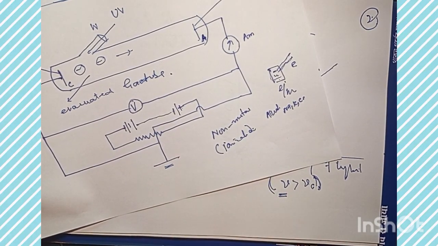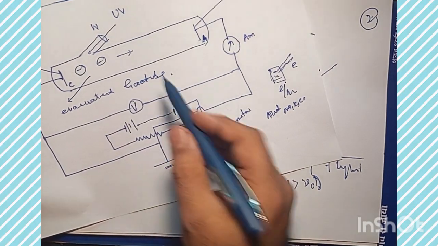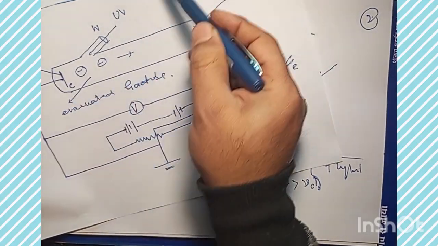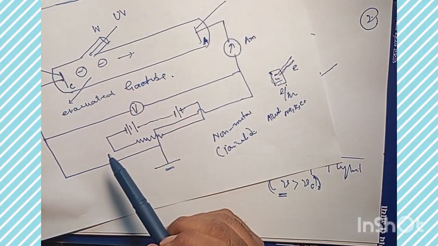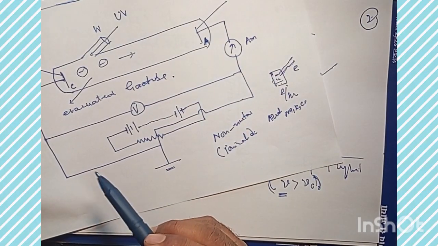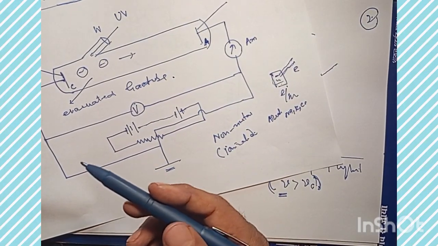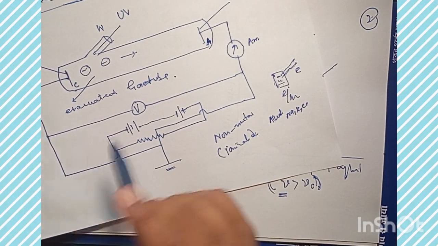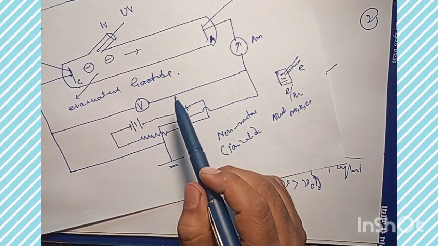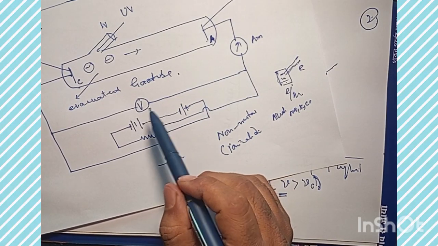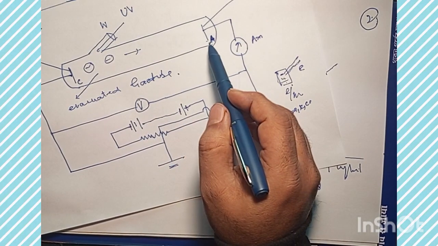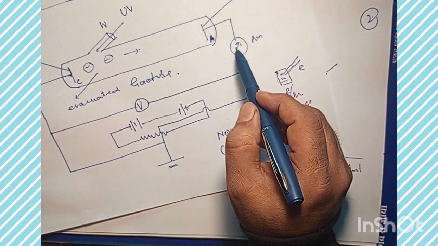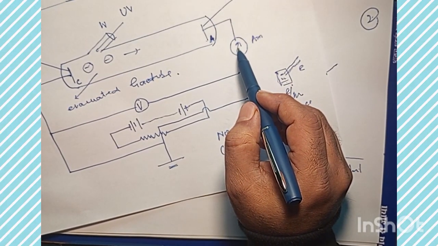So what we do is change the potential across these electrodes, keeping the intensity of the radiation falling on this cathode constant and the frequency constant, and increasing this positive potential slowly at electrode A, and measure the corresponding current that we have.